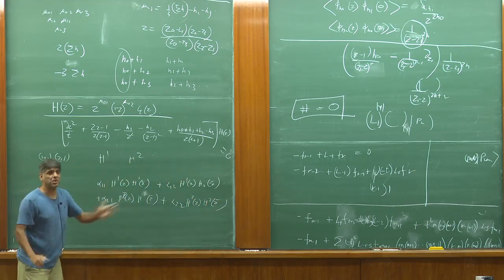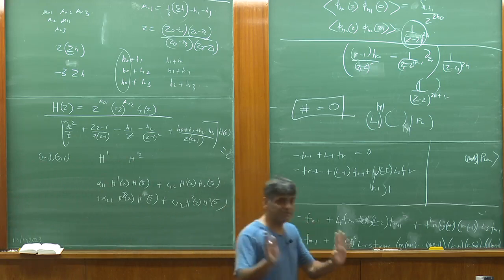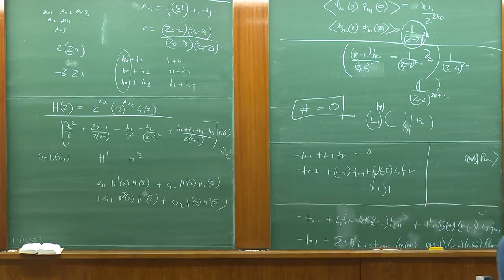But these functions are just totally known. So you've now reduced the problem of finding a correlation function in a quantum field theory to a problem of determining 4 numbers: alpha 1 1, alpha 1 2, alpha 2 1, alpha 2 2. Totally amazing, right? It's totally amazing.